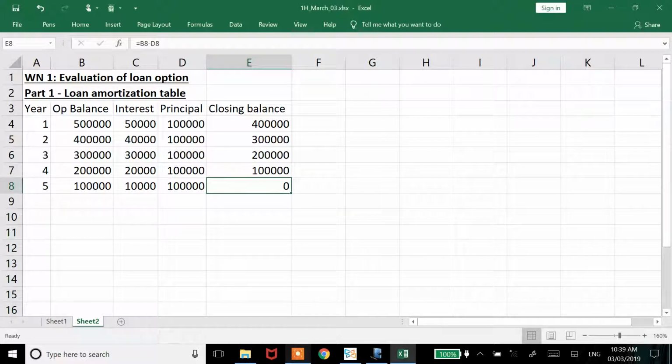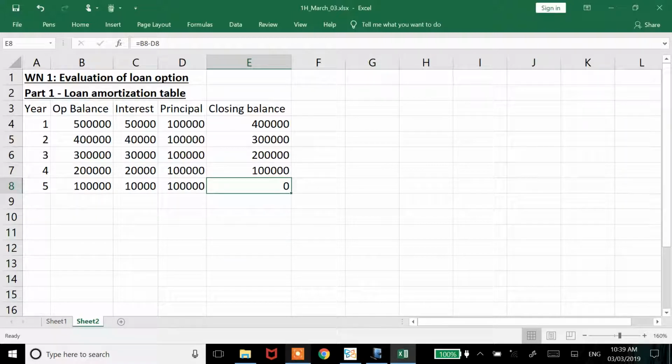Principal means it's on the 5 lakh. If you say you are paying principal of 1 lakh, it means the total amount paid is 1 lakh 50,000.